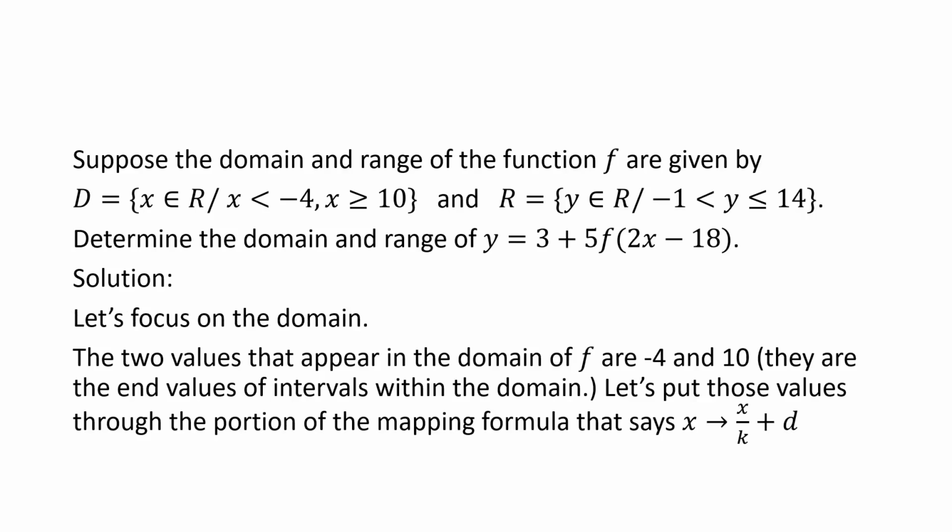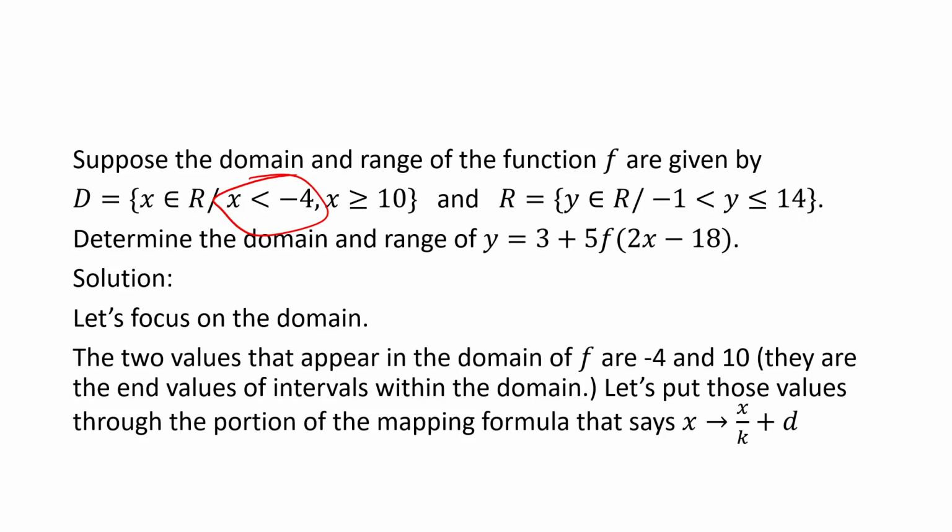Now let's focus on the domain. The two values that appear in the domain of f are -4 and 10. There are an infinite number of values in the domain, but these are the two that we can visibly see. They're the boundary points of intervals for the domain. Now you might be tempted to say, sir, -4 is not actually in the domain because it just says x is less than -4.